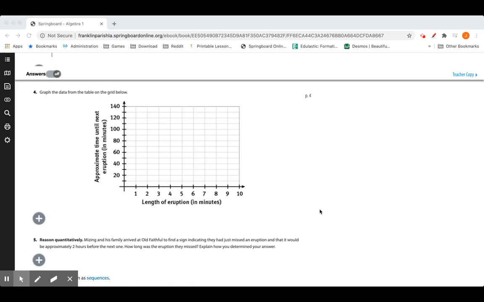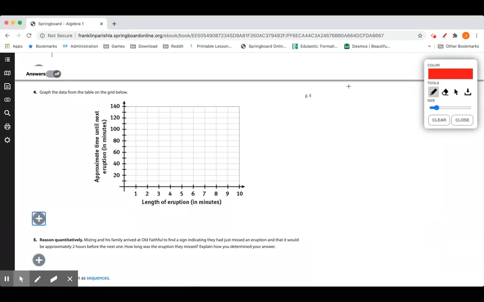Let's go ahead and look at number 4, graphing the table using the data that we already have given to us. We're going to mark basically the chart onto this graph.